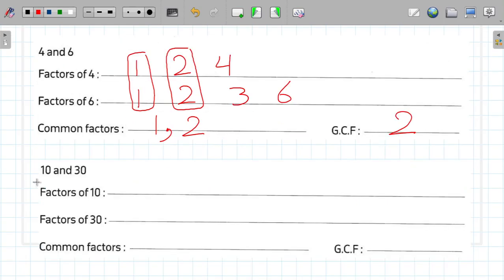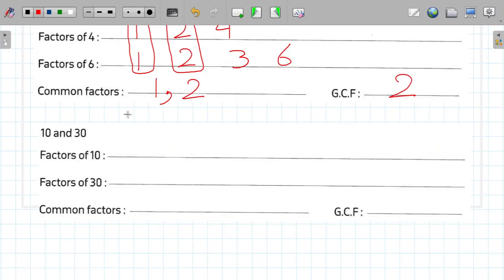Next I have 10 and 30. So the factors of 10 are 1 and 2 and 5 and 10.